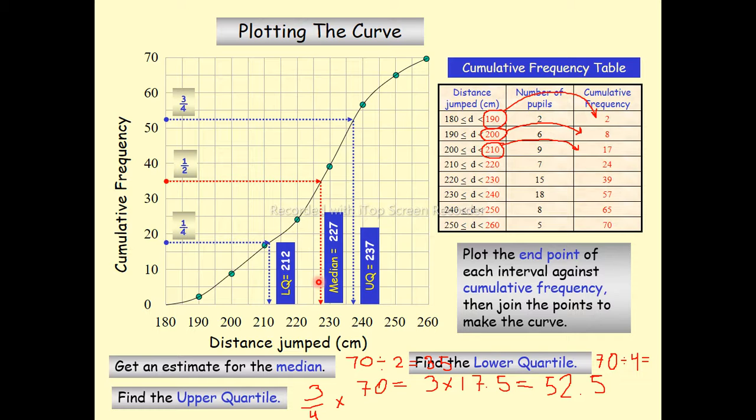The high minus the low? Which high and which low? 52.5 minus 17.5? No, not that range, the interquartile range. No.